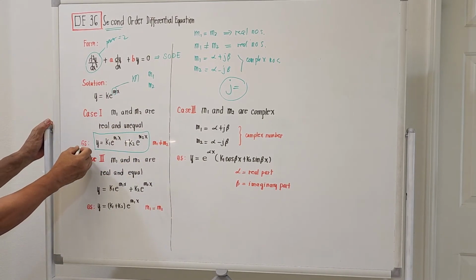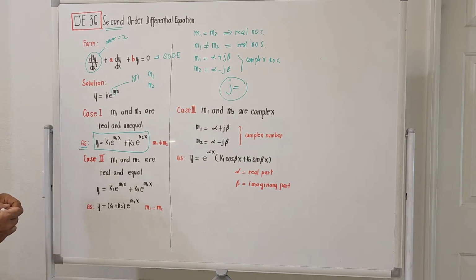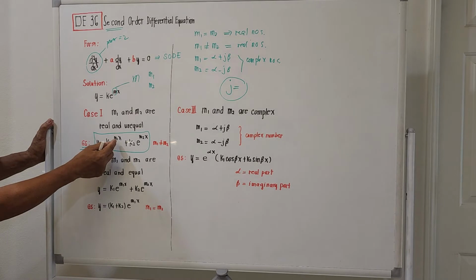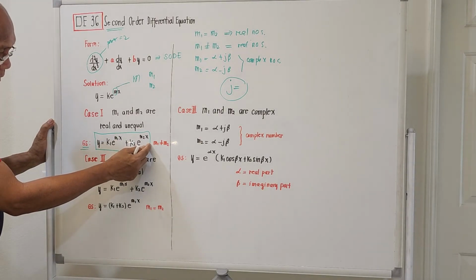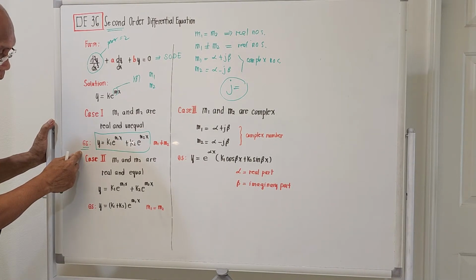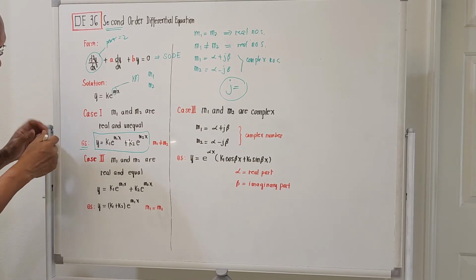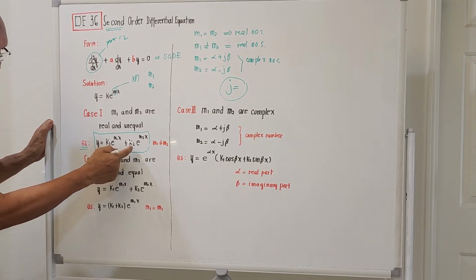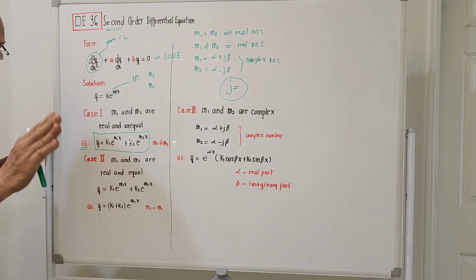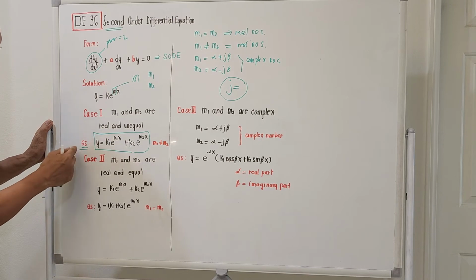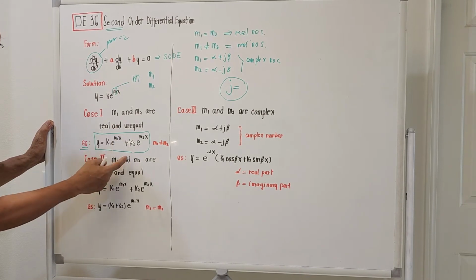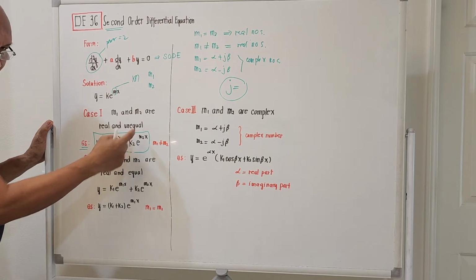That is our GS, meaning our general solution. To bring out the solution, we must compute for m1 and m2. But if the problem is asking for a particular solution, we should also solve for k1 and k2. What is given here is just the general solution.